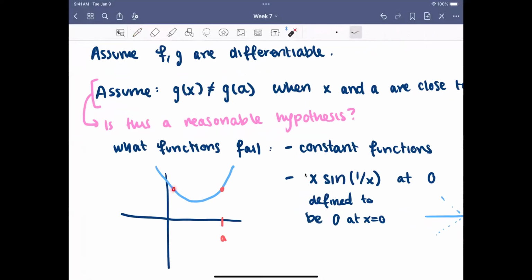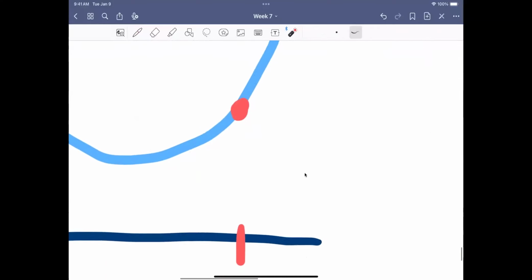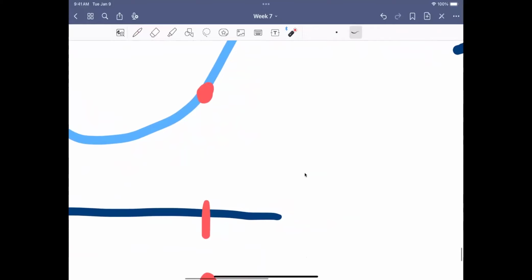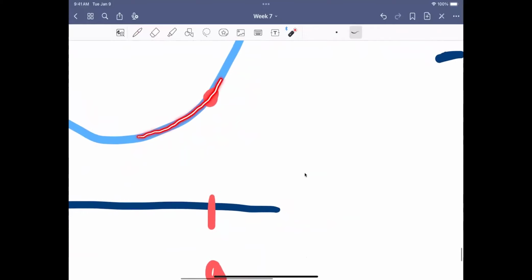On the whole, there might be another X value that has the same Y value, but it is possible to zoom in so that all of the values of the function nearby that point are not equal to the value of the function at that point.